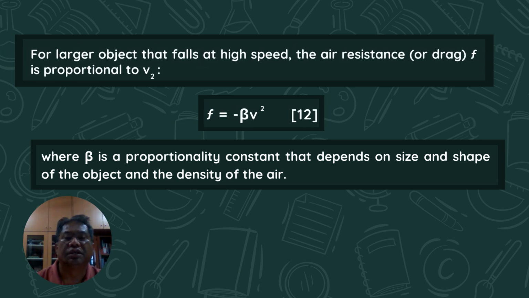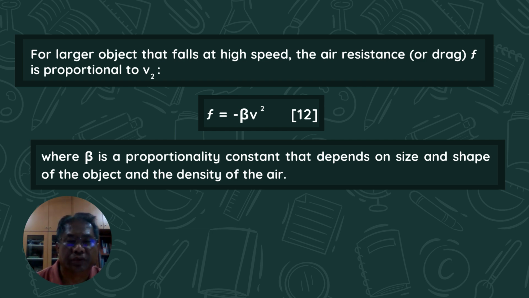And for a larger object that falls at high speed, the air resistance, or sometimes we call it drag, is proportional to V squared. So F equals minus beta V squared. Again, if the object falls downward, V is negative, so F will be positive, pointing upward.